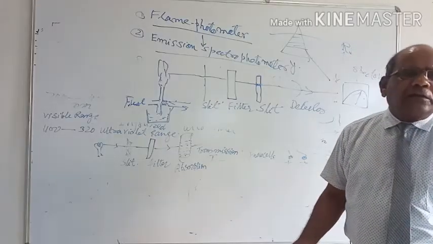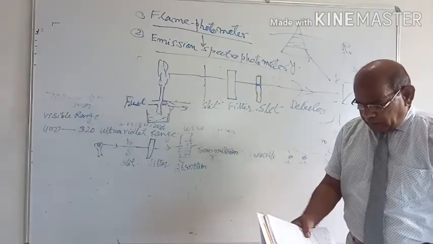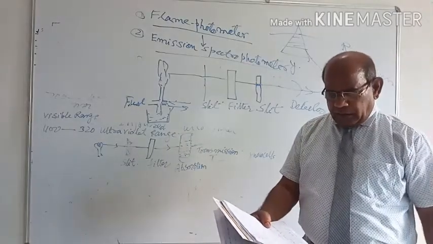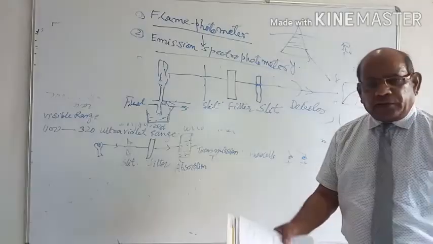Flame photometry. The principle of flame photometry is that sodium, potassium, calcium, cesium and earth metals in a heat flame get their atoms excited.